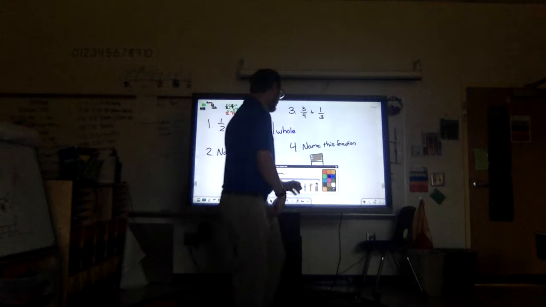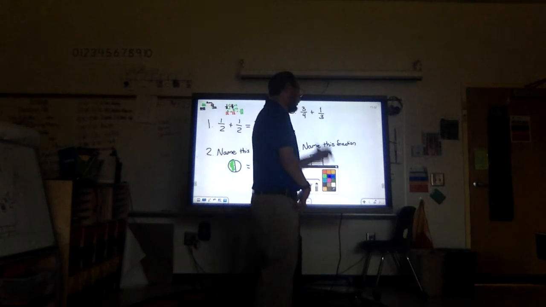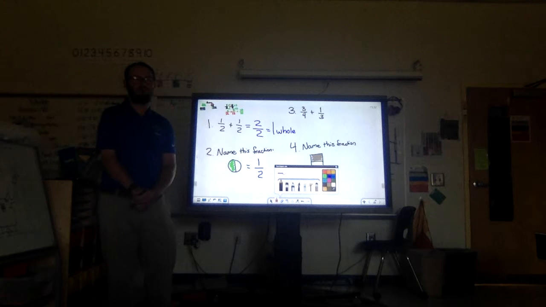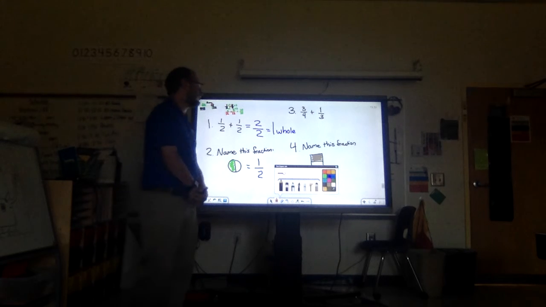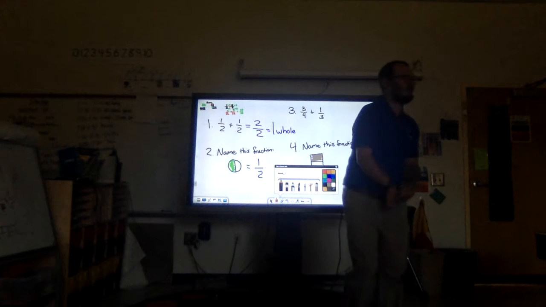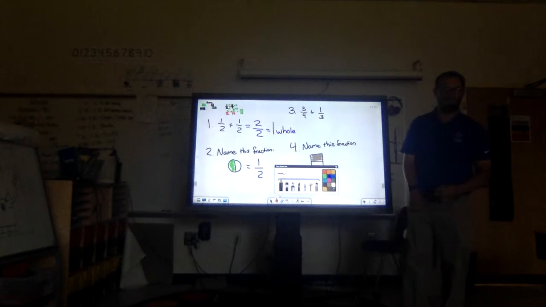All right, so here's a little bit harder one. Okay, we have two fractions. We're adding them together. But do they have the same denominator? No, they don't. So we have to find the same denominator. How do we do that? Good job.